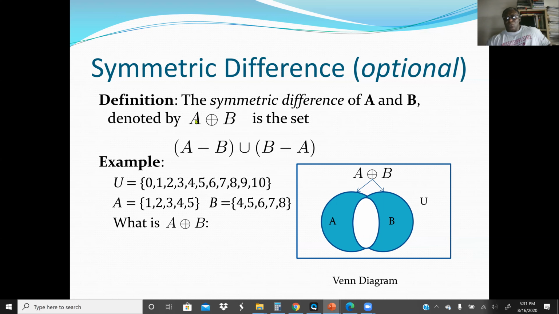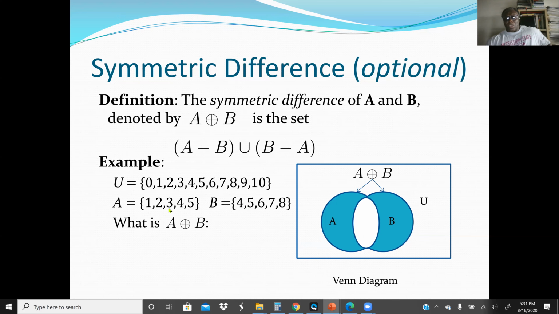So I start with A symmetric difference B. It will be: find the complement of B with respect to A, then the complement of A with respect to B, then union both of them. That's why we get this area. So A minus B will give us, we take out 4 and 5, so it will give us 1, 2, 3.